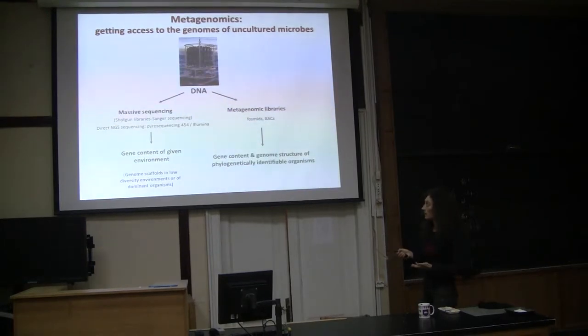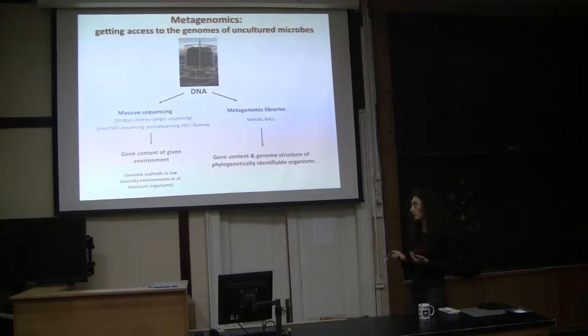Today this will be done essentially by high throughput techniques like pyrosequencing or Illumina sequencing, and this strategy would give you information about the gene content of a given environment, but it can also provide genome scaffolds of relatively abundant organisms. So you will also get eventually information about genomes that are dominant in your system, because you could eventually assemble part of them.